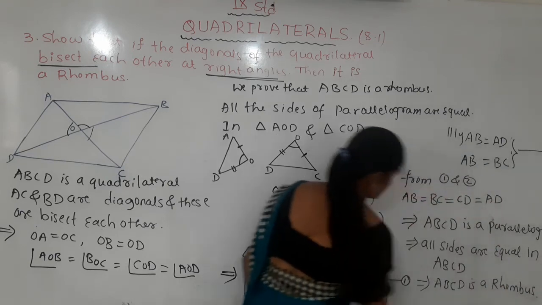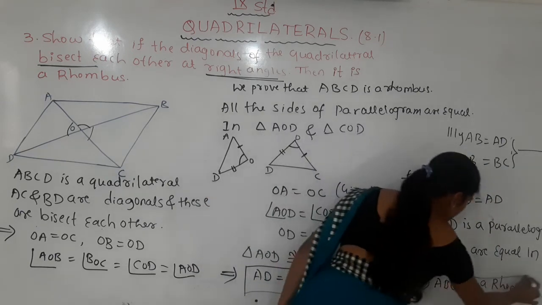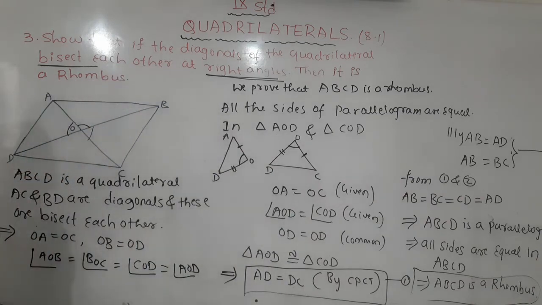Here all four sides are equal, so we can say this is a rhombus. It is very easy from here. First thing, diagonals bisect each other at a right angle. Bisect means divided into two equal parts. At what angle? Right angle. Means OA equal to OC, OB equal to OD, and at a right angle means all four angles are equal.